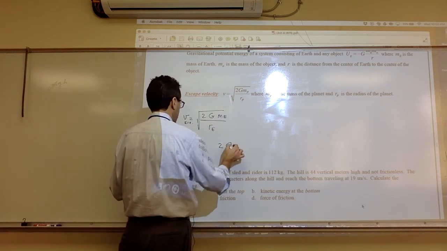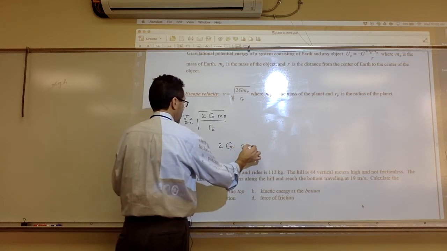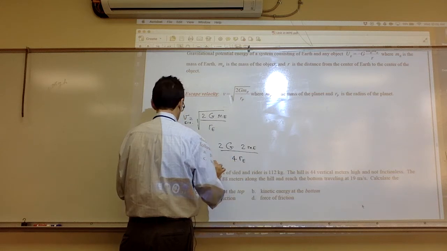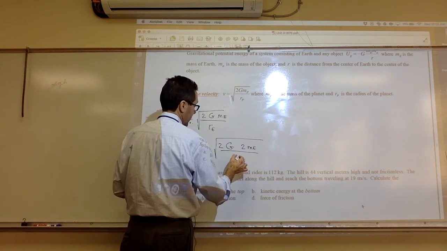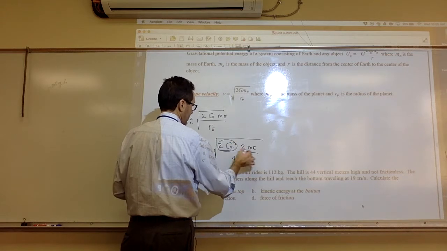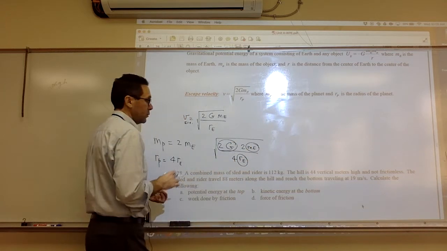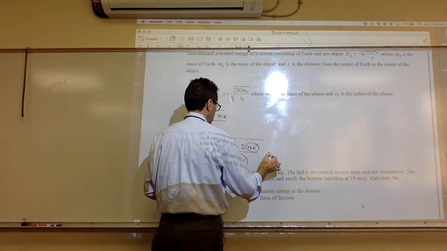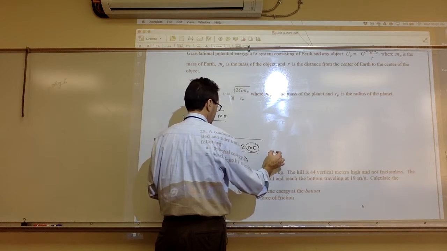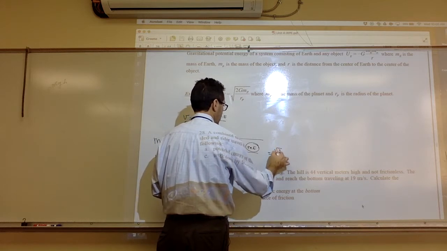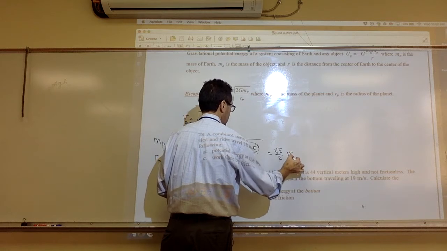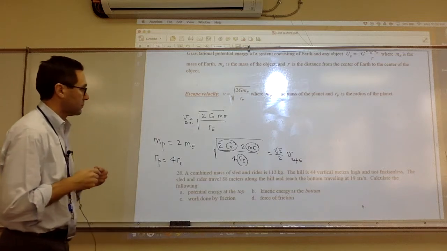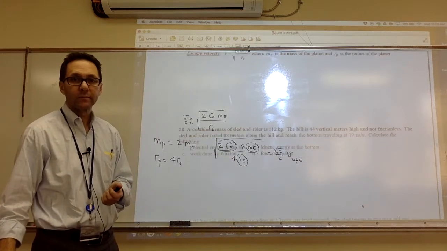It's going to be 2G times the mass of the planet, 2 Me over 4 Re, and you take a radical. You leave everything that's common. Everything that I'm circling now with the radical is basically the escape velocity on Earth. So this is going to be radical 2 over 2 times V escape for Earth. Right? That's what it is.